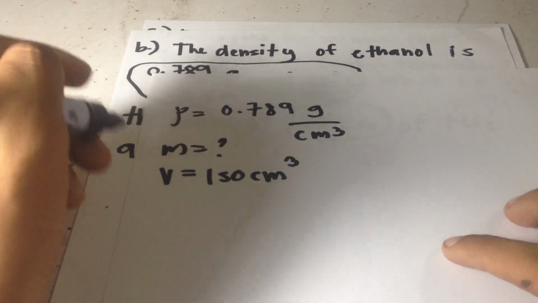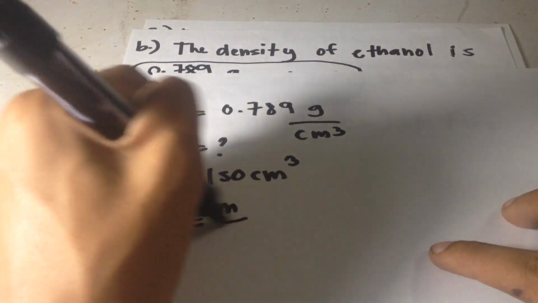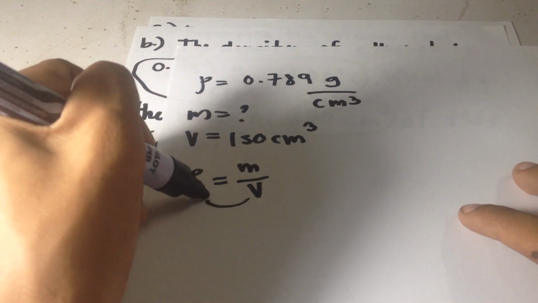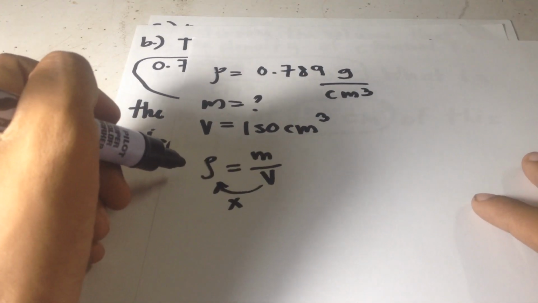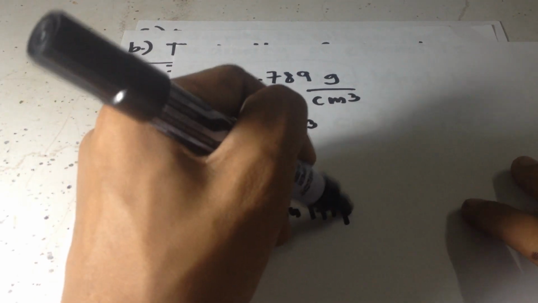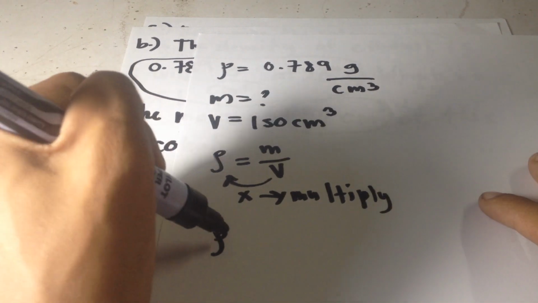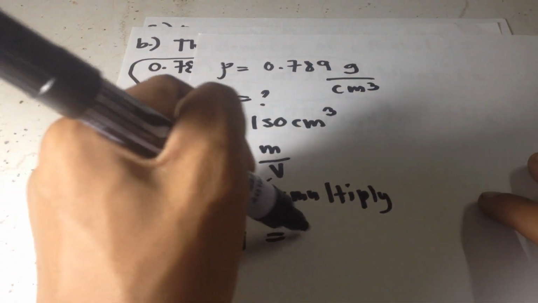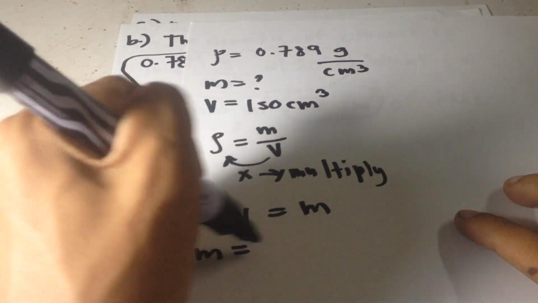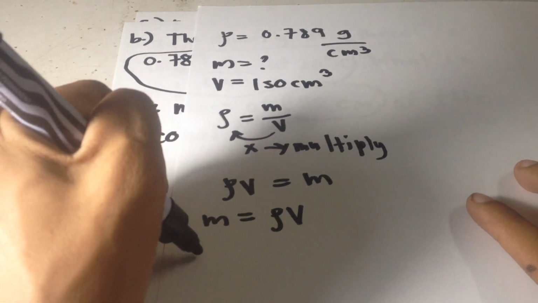We use again the algebraic formula, density is equal to mass over volume. So derive the units, and multiply: density times volume is equal to mass. So mass is equal to density times volume. So you need to calculate it.